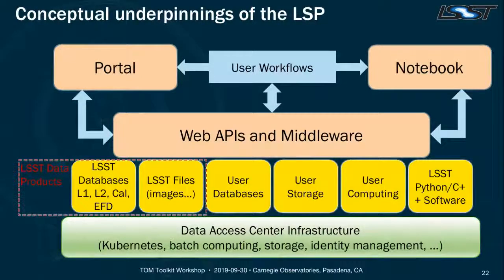Those in turn provide access to the various components that I mentioned before, and then rest on the data access center infrastructure. And the intent is to have the user workflows able to use all three aspects as best suits the particular user's desires to work on-site, off-site, visually, programmatically, and they can move from one to another very flexibly as we go.